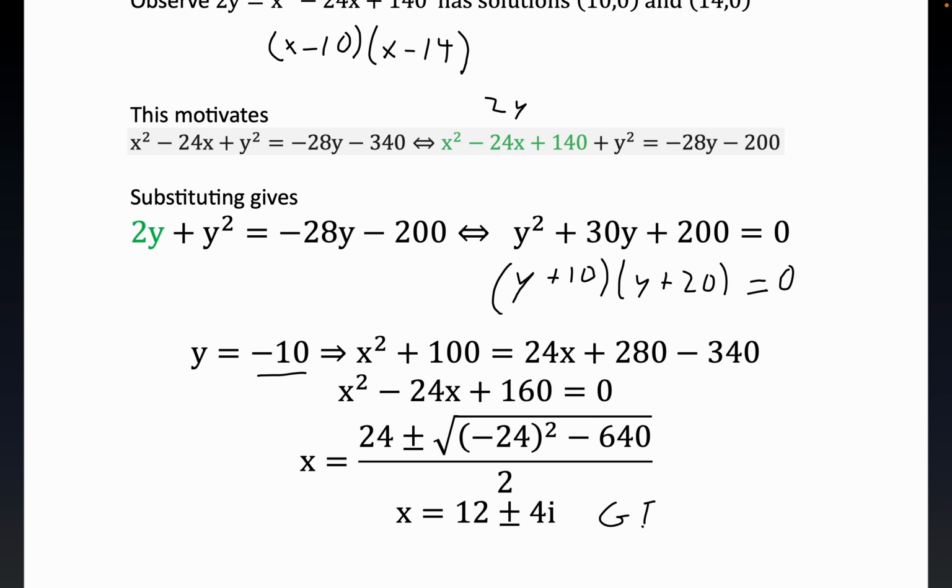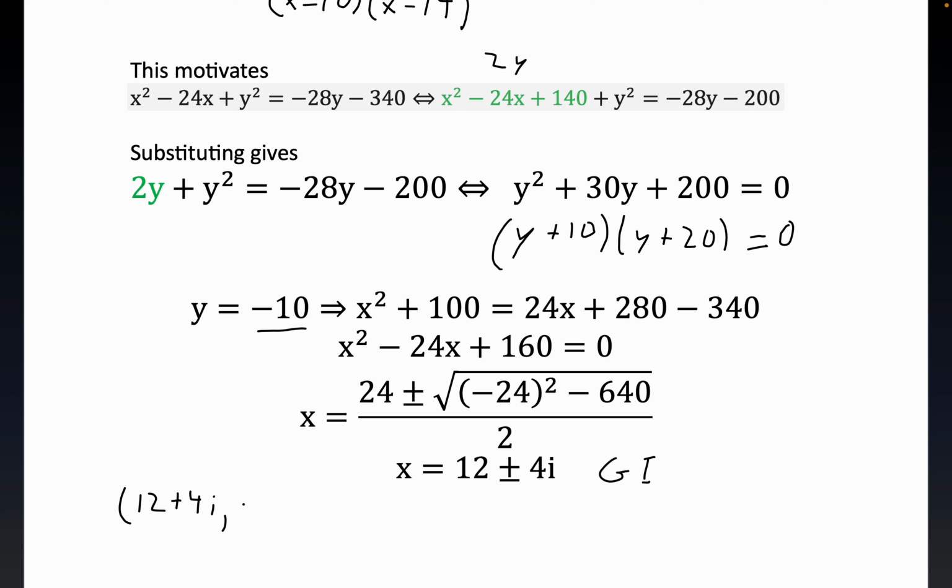So as far as ordered pair solutions, you would have 12 plus 4i as an x-coordinate mapping to -10. And again, -10 is an ordinary integer, but it's also just a Gaussian integer with a zero imaginary part.